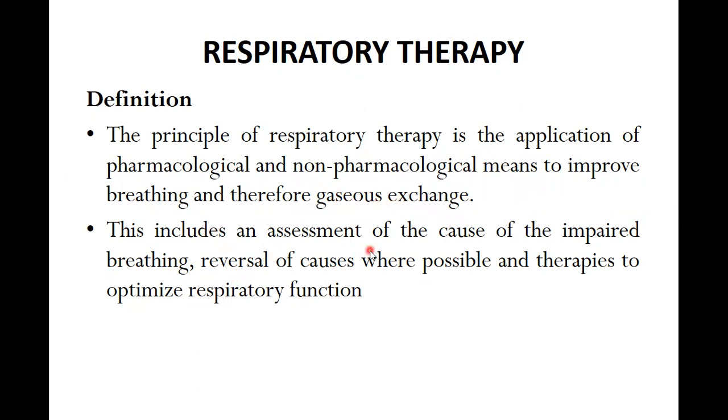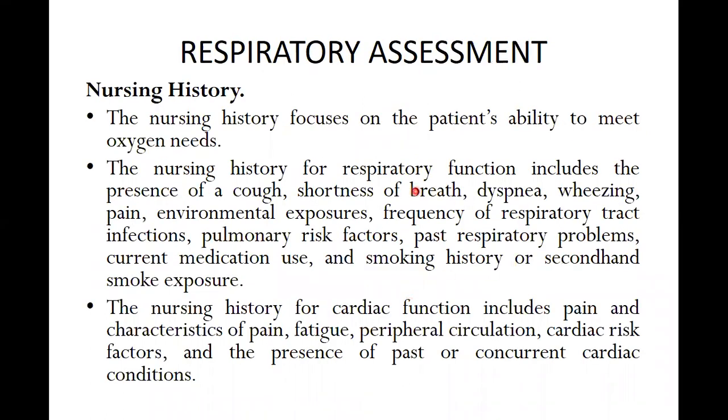So this includes an assessment of the cause of the impaired breathing, then putting in measures to reverse the cause where possible, and then putting in measures to optimize or to ensure we maximize respiratory function. So you may take some time to consider the history.